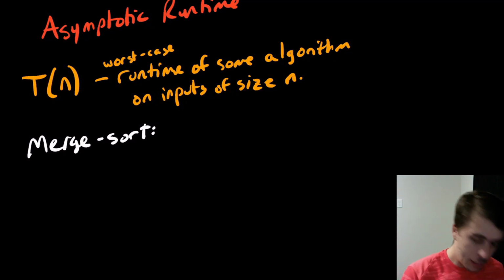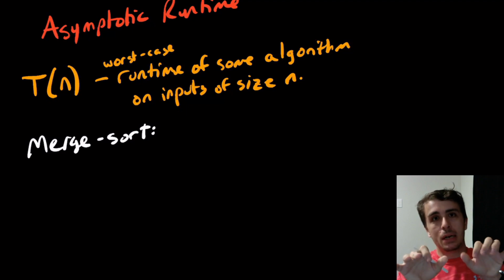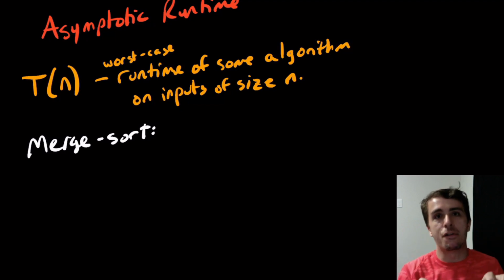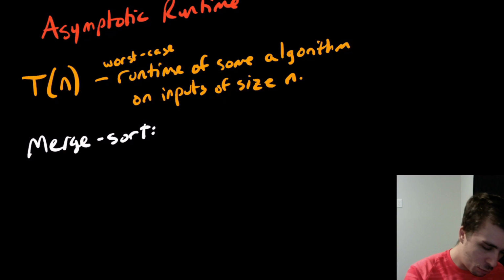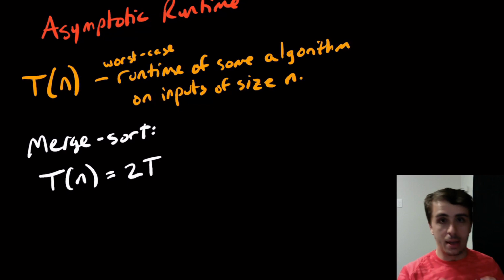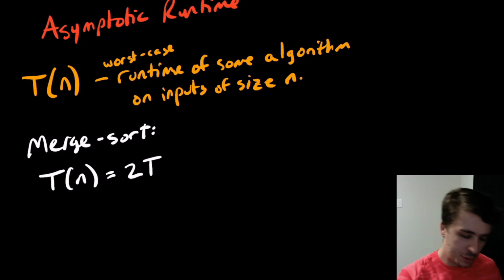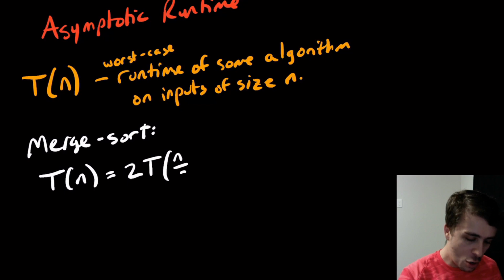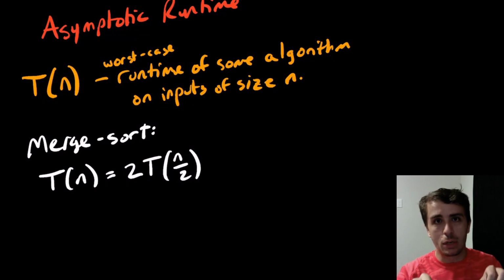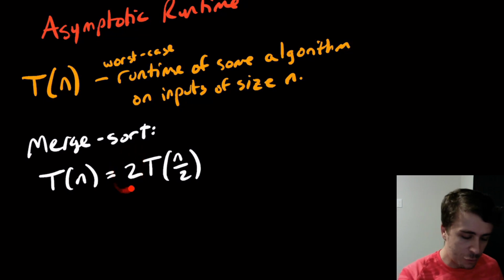So the subproblems themselves, we had 2 identical, in some sense, versions of the same problem of size half of the original. So T of n for this case is going to be 2 times the amount of time to do the subproblems, which is T of n over 2, because the size of those problems are half of the original, and we have 2 of them.